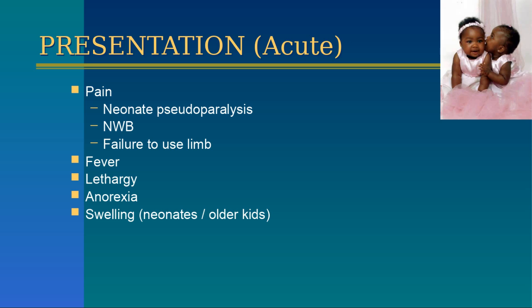Remember, in these children, the commonest cause is hematogenous in terms of mode of transmission. So the fever is a response to probably the bacteria in the blood, a bacteremia, and so the fever is present.